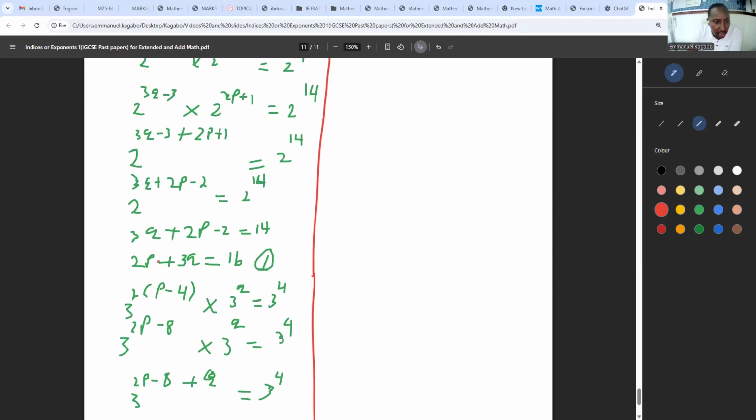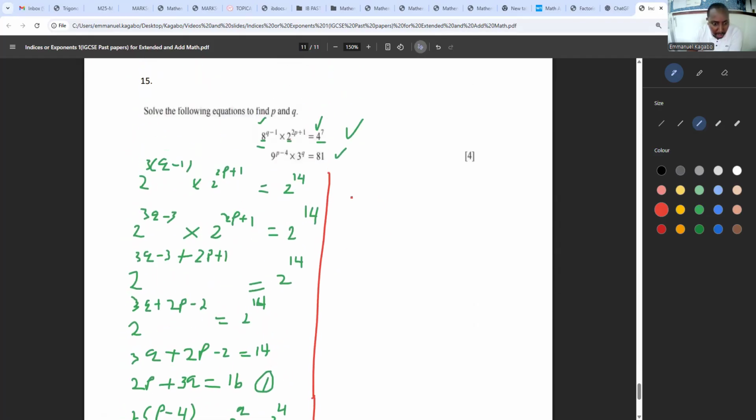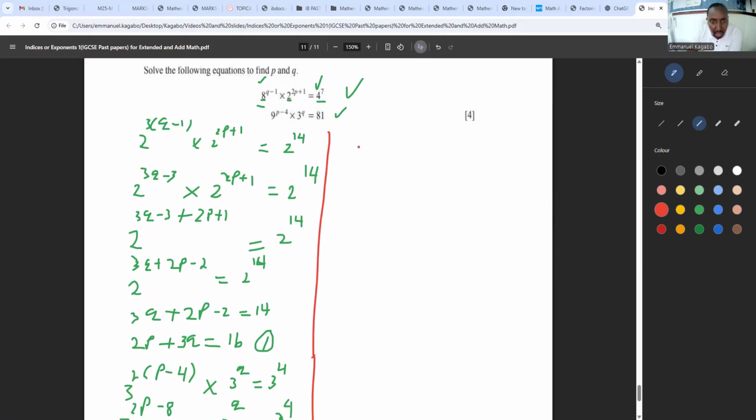What was my first equation? It is 2p plus, for you to see what I'm talking about, 3q equals to 16.